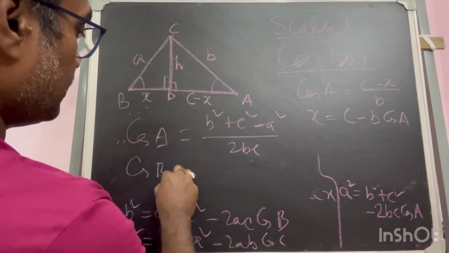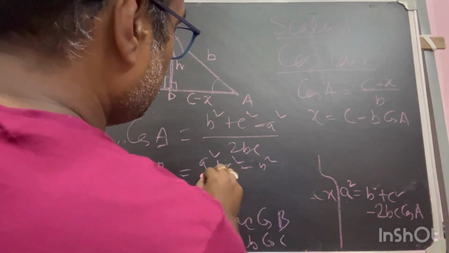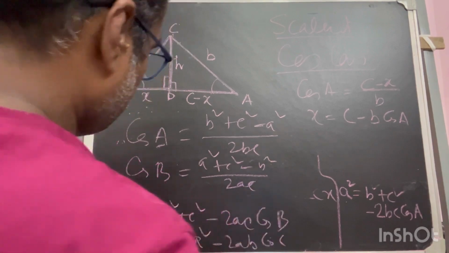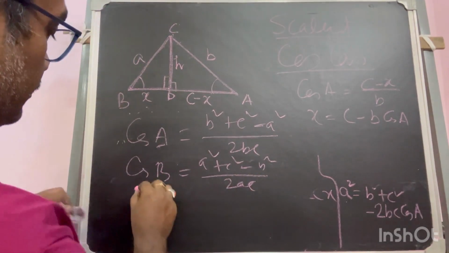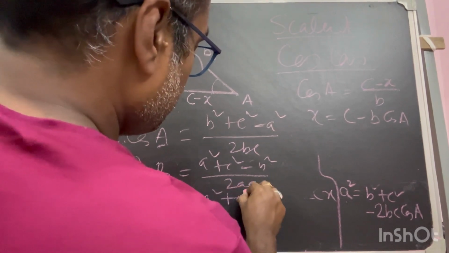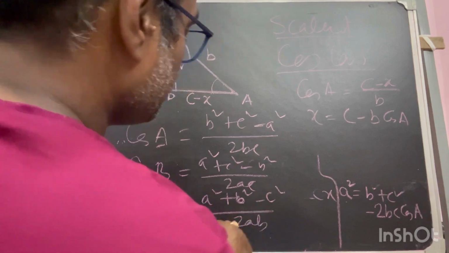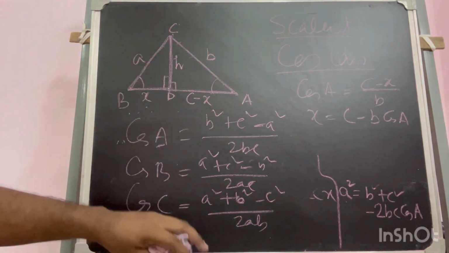Cos B, similarly, will be a square plus c square minus b square by 2ac. And the third one, cos C, is equal to a square plus b square minus c square by 2ab. So these will be the three laws of cos.